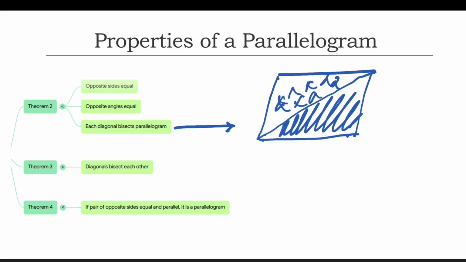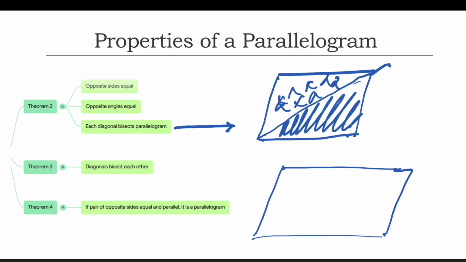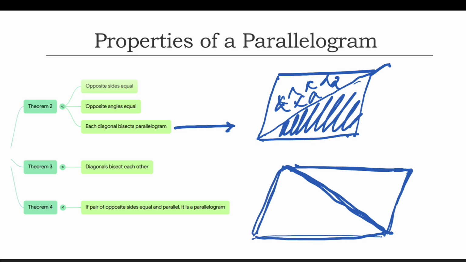So this is basically bisecting the parallelogram in half. The same would be true if I draw the second diagonal. Rather than this diagonal, if I draw this diagonal also, this is one triangle coming out of the parallelogram, and this is the second triangle. Both will be equal in all aspects.